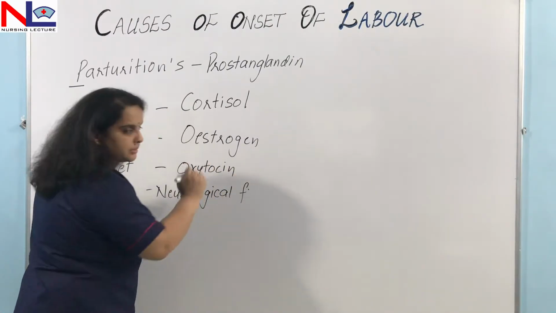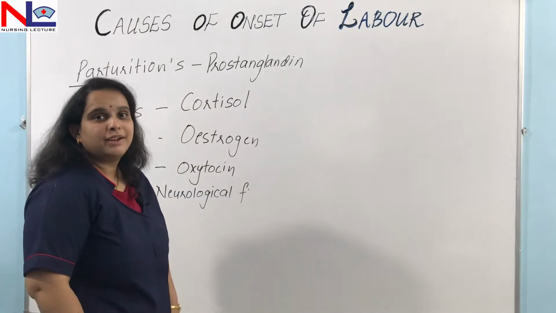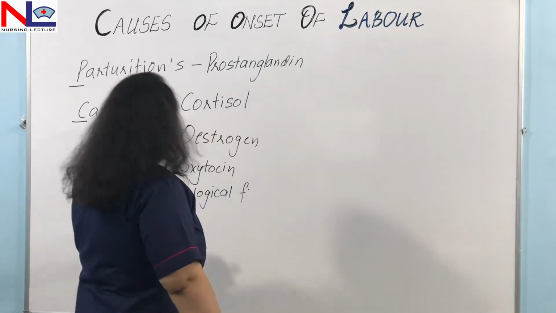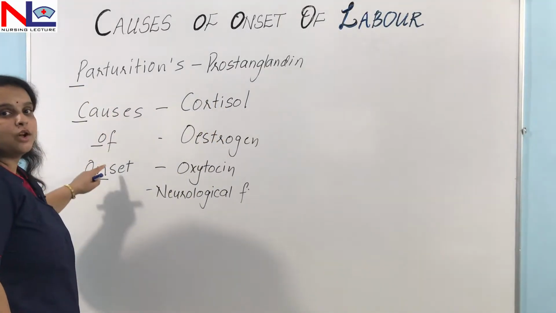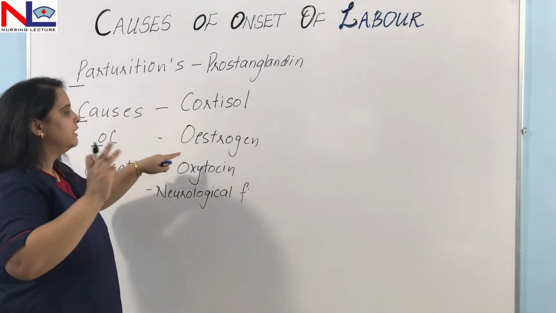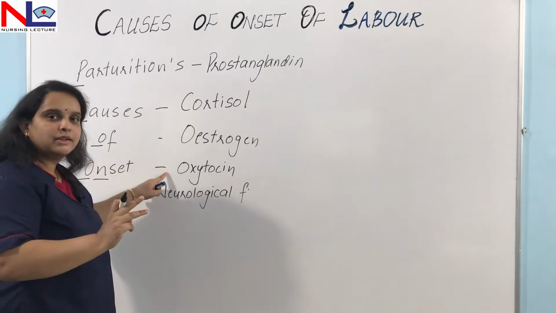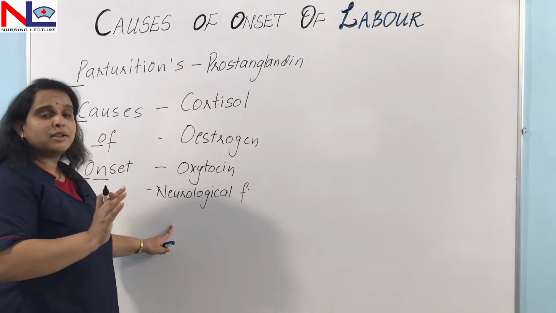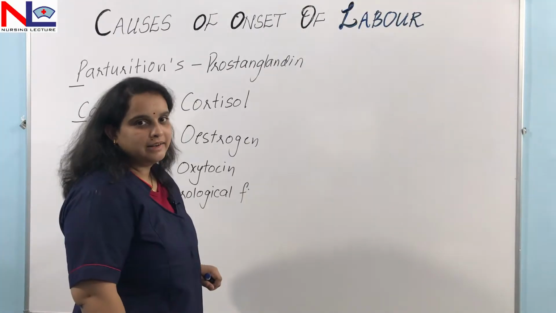So the trick to understand the factors responsible for initiation of labor is Parturition Causes of ONset. That is prostaglandin, cortisol, estrogen, oxytocin as well as neurological factors. These are the important responsible factors to initiate the labor.